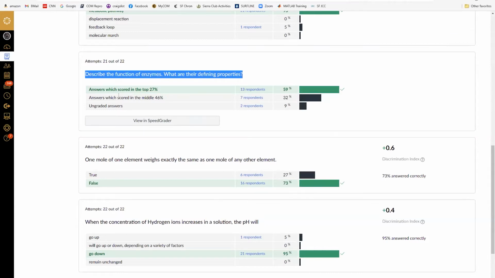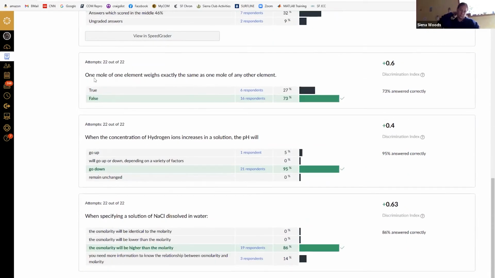Okay, one is they speed up reactions. And it doesn't change, and it doesn't get used up. It's not consumed in that process. There's lots of other things, but those are the two real defining properties. Because the catalysts we're going to be looking at, these organic catalysts, enzymes, are proteins, they're going to be affected by denaturing and this and that. But at the core, catalysts speed up reactions and are not consumed in that process.